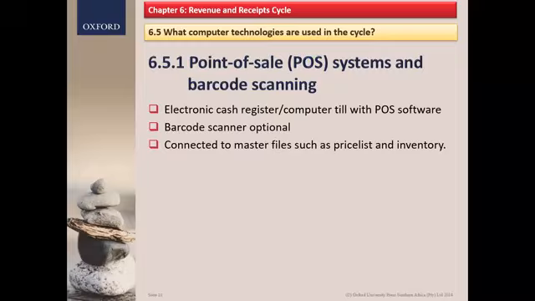You don't actually input the amount of goods; you just scan the barcode, and the barcode is connected to your price master file as well as the price list and inventory master file. That is used as a control to avoid embezzlement or misappropriation of cash or assets within the computerized environment: barcoding.